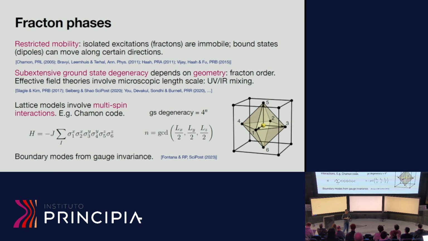And one thing that we did using this kind of theory a couple of years ago is that you can use some analogy with the quantum Hall effect and derive boundary states by imposing that the geometry's open boundaries are invariant under gauge transformations. Then you have to add some physical degrees of freedom at the boundary and describe the boundary modes for fracton models like the Chamon code.